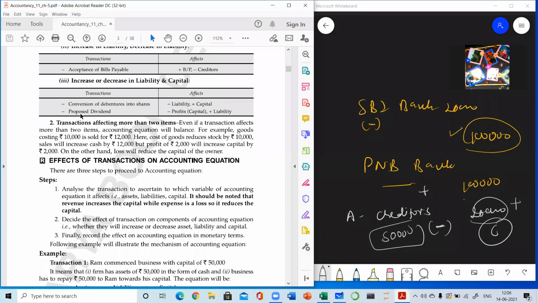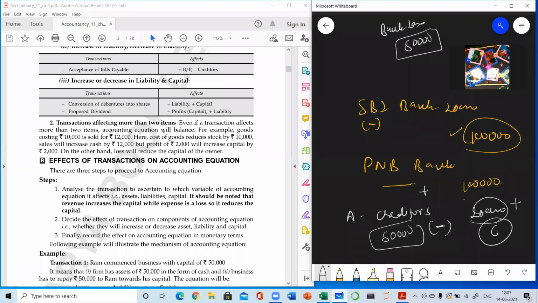This type of transaction will not be coming in your syllabus because these are beyond your course. So I'm not discussing this type of transaction here. Clear? So these are transactions affecting more than two items, or one easy example we can take if you want. Suppose a bank loan of rupees 50,000 was there and you need to pay this loan immediately and the business did not have enough money.